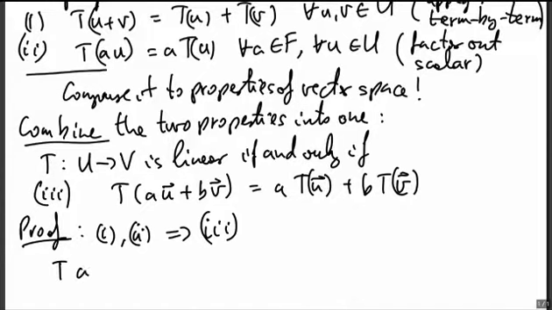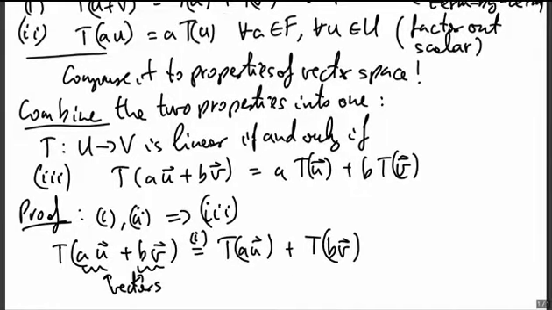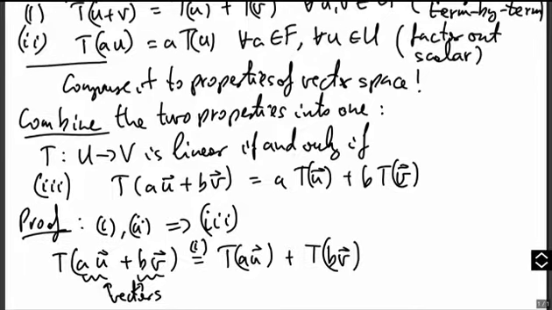That means we start with the left hand side of 3. So T of au plus bv. So these are vectors. And according to 1, we can separately apply T on au and the second vector bv. So we use the first property with u replaced with au and v replaced with bv.